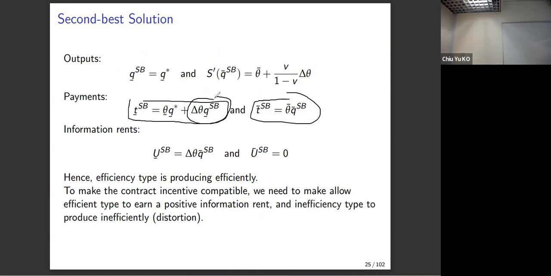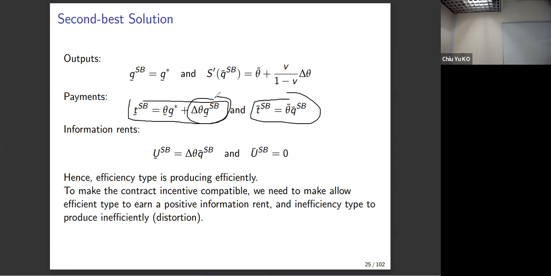Okay, so being a better firm, you earn a little bit. Before it's zero, right? Now, because information asymmetry, you are a better, more efficient type, you actually get some rent, right? So the idea is, right, you just left the guy who is inefficient, have no rent there, okay?